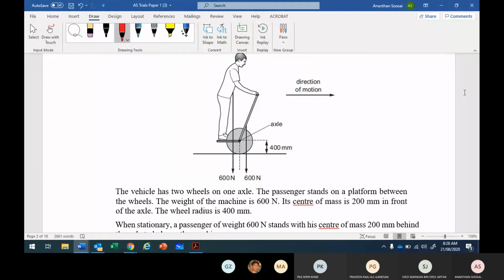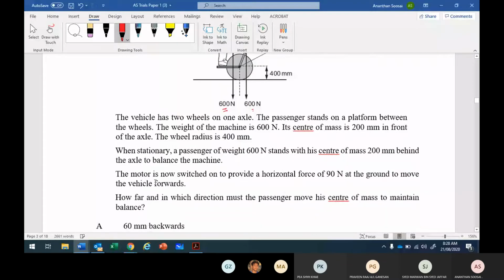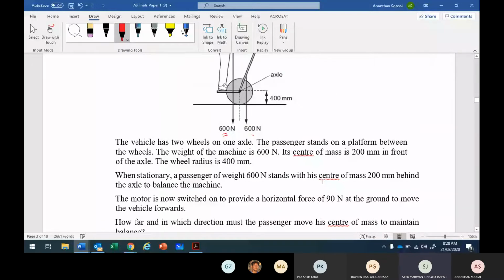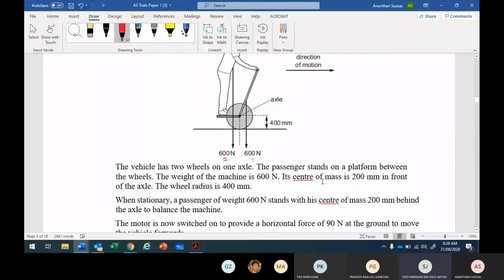How far? His feet is acting here. The center of mass of the motor is here, 600. Oh, this question. The motor is now switched on to provide a horizontal force of 90 Newton. Wait, so the in front, does that mean in front of the vehicle or behind?